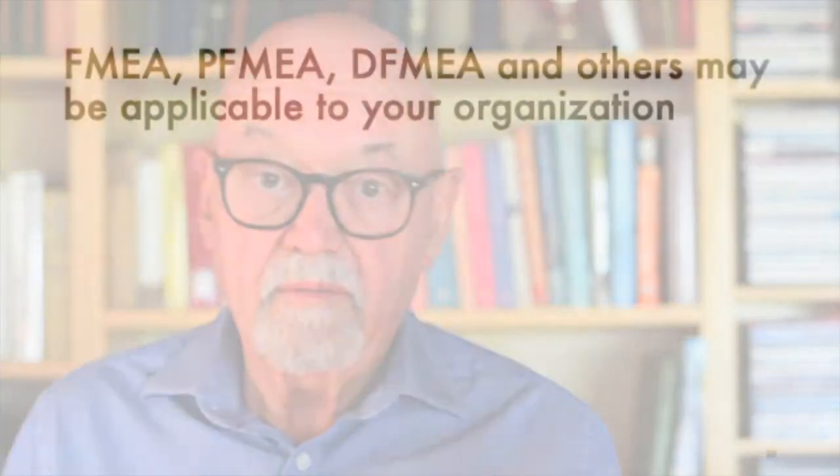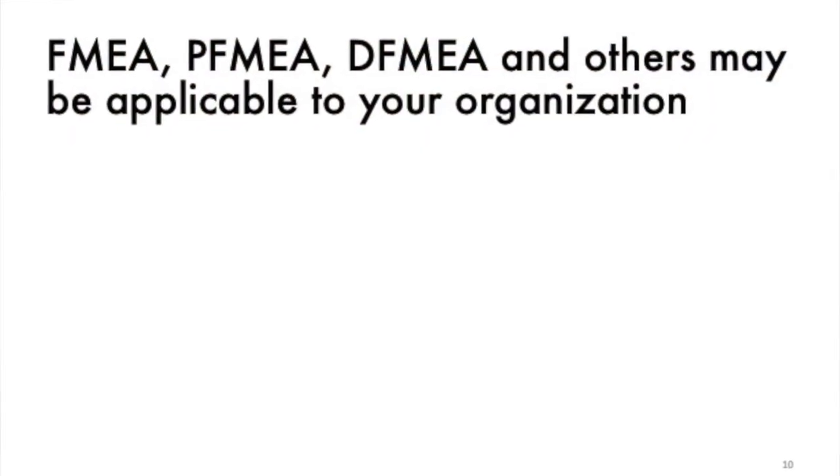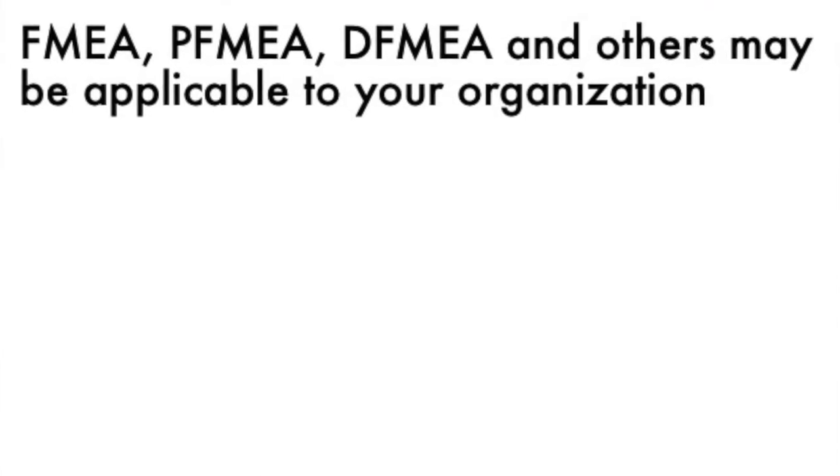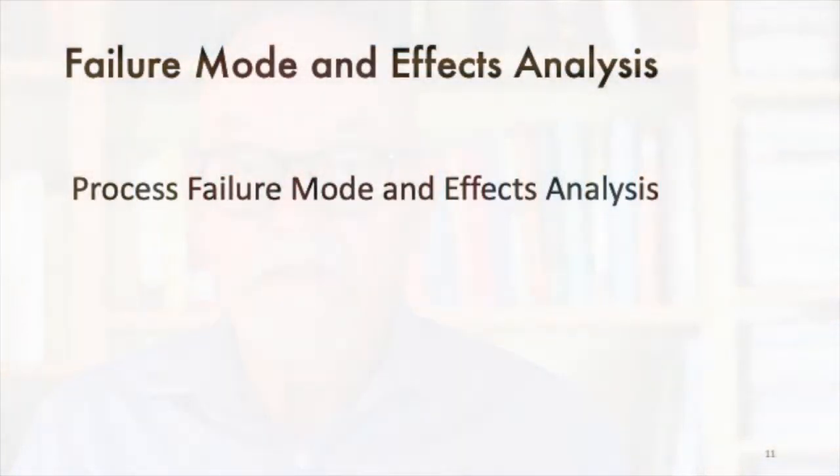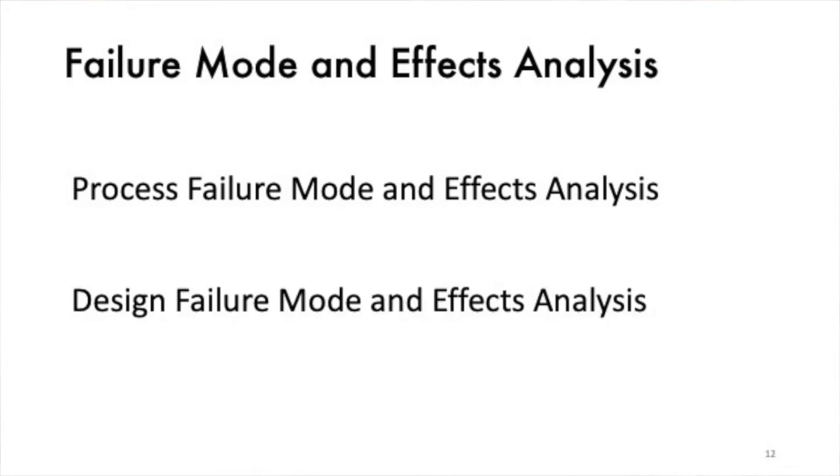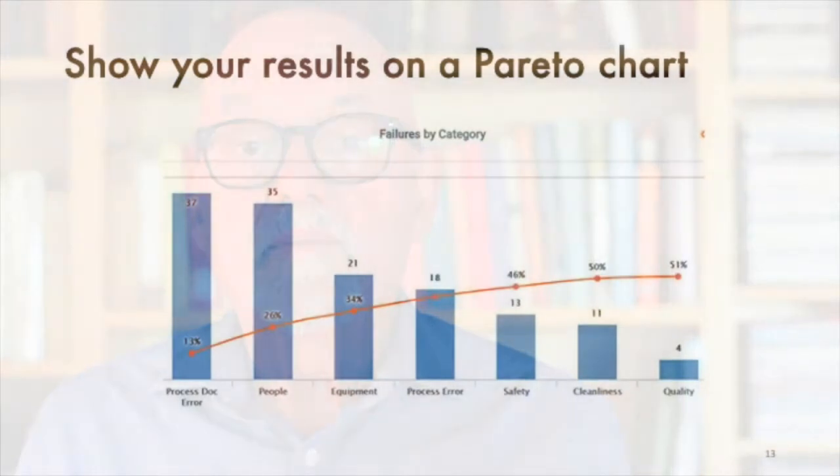A whole other area of planning and doing cause analysis is failure mode and effects analysis, FMEA. There are a couple other kinds of FMEA, process FMEA and design FMEA. In all cases, you can gather your analysis information together in another root cause tool called Pareto charts.